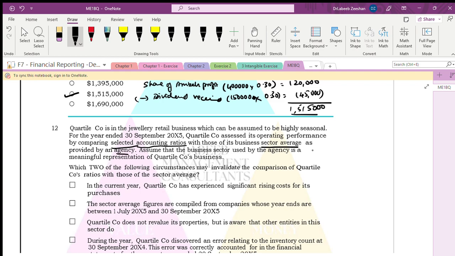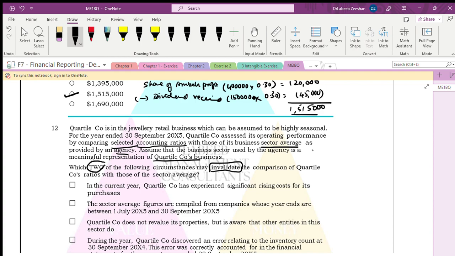Assume that the business sector used by the agency is a meaningful representation of Quartile's business. Which two of the following circumstances may invalidate the comparison? Invalidate means we cannot validate it, we cannot ensure it.